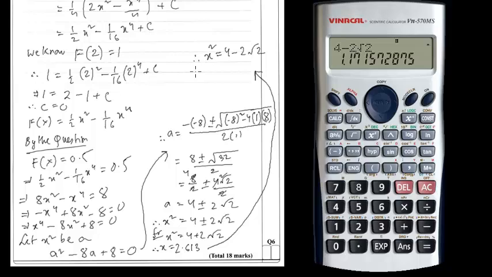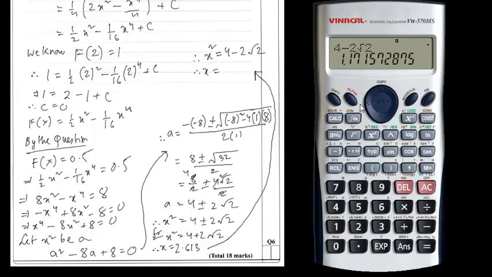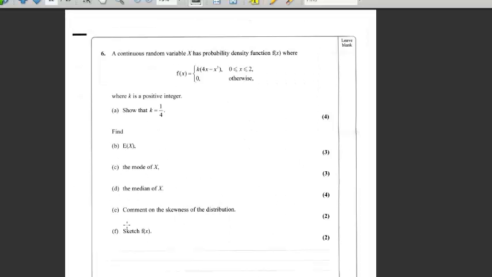Now this is going to work. So x equals the square root of that, the answer is going to be 1.082. Now this can be the median because the limit is between 0 to 2.